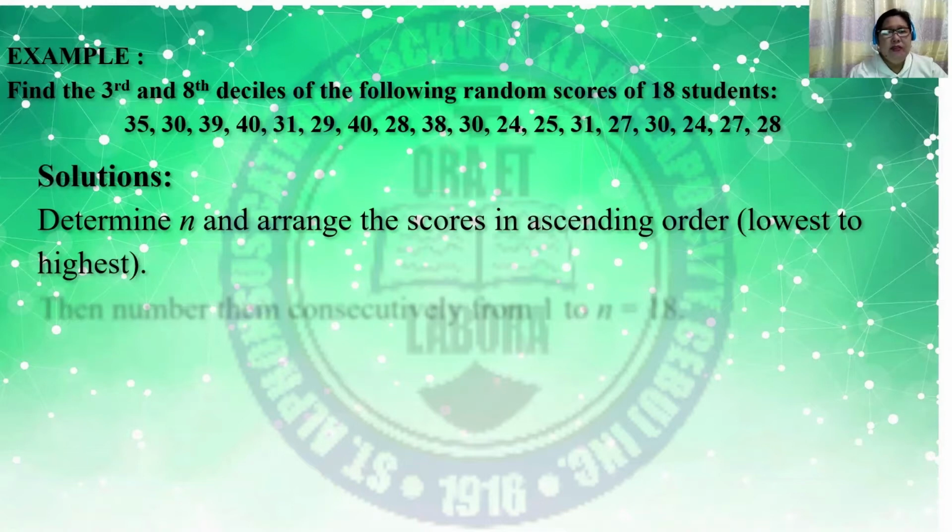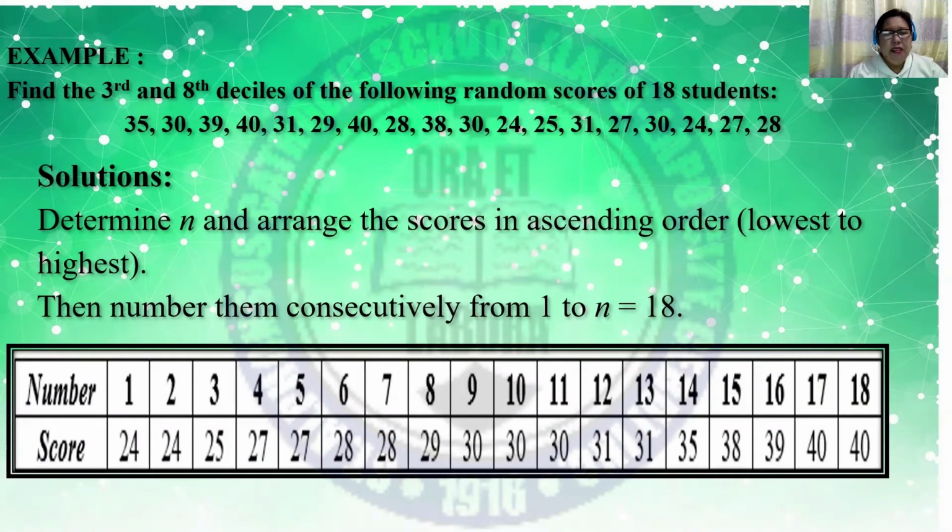And then you have to number them consecutively from 1 to n equals 18. This is now the table representing the number of the scores from 1 to 18 and the scores starting with 24 as the lowest score and 40 as the highest score.